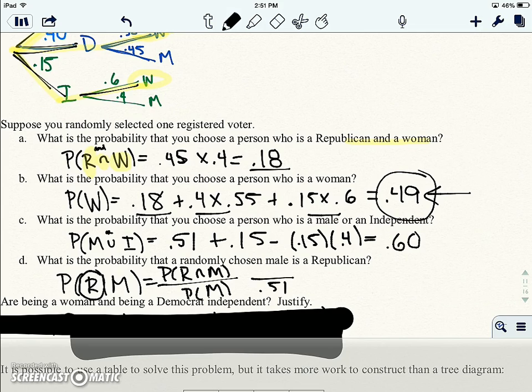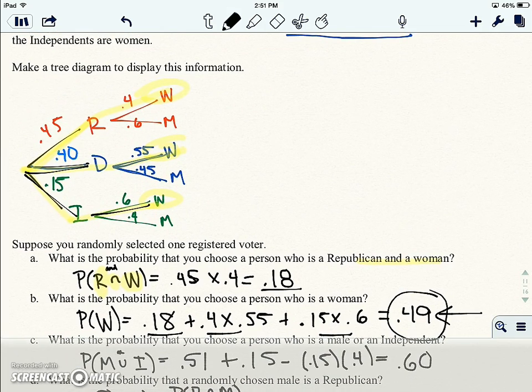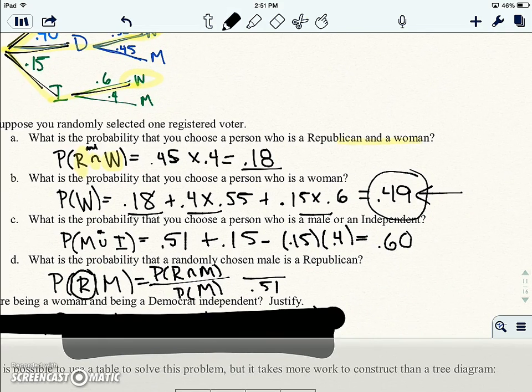And the probability of being Republican and male, again, we can just go down the tree, Republican, but this time and male. That's 0.45 times 0.6, and you're going to end up with a probability of 53%, or 0.53, and that is the probability of randomly getting a Republican, assuming that the people you're picking from are males.